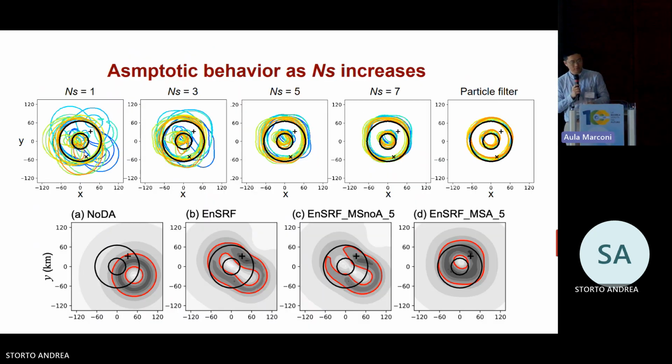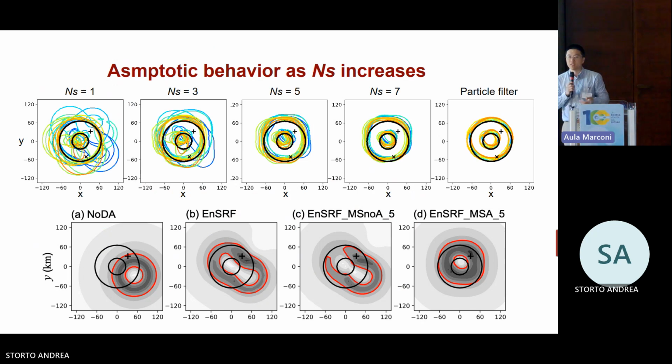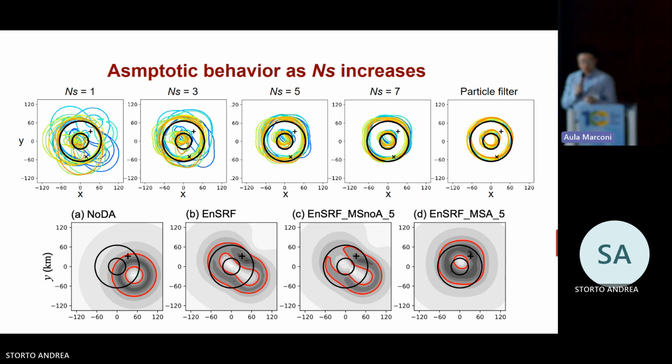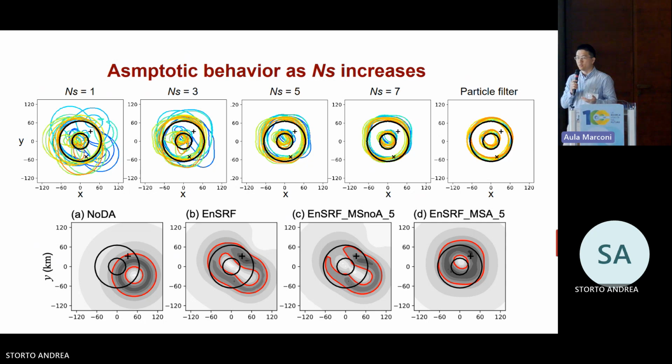So I want to test if I increase the number of scales, do I go to some optimal nonlinear solution? So I use the particle filter to pick the closer members to the observed value. So the observation here is the plus sign, and I can use the particle filter to say which members in my ensemble match this observation better, and I basically assign these members better weights, and then kick out all the members with low weights.